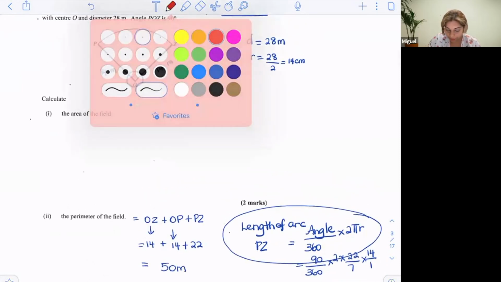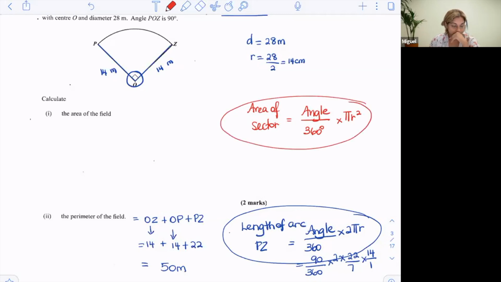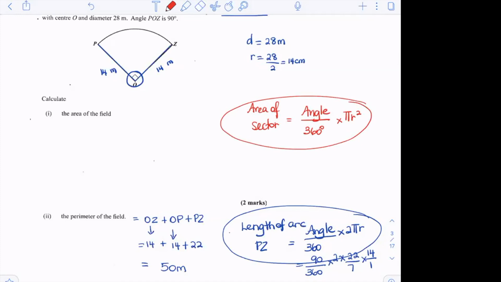For area now, area of a sector is the angle over 360 multiplied by pi r squared. So work it out and find the area. 154 meters squared. Oh, that was quick.